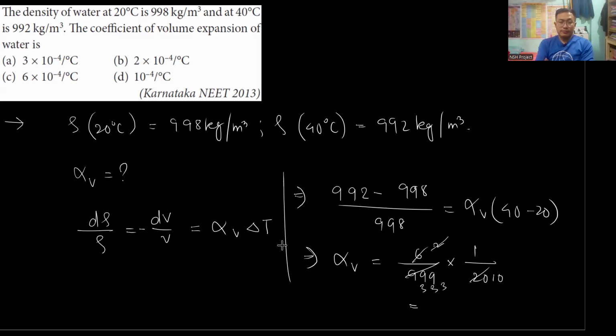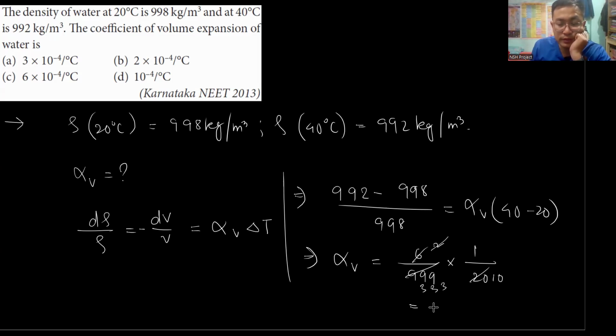Alpha V into delta T, alpha V, so we have V. So 3 into 20 is 10.